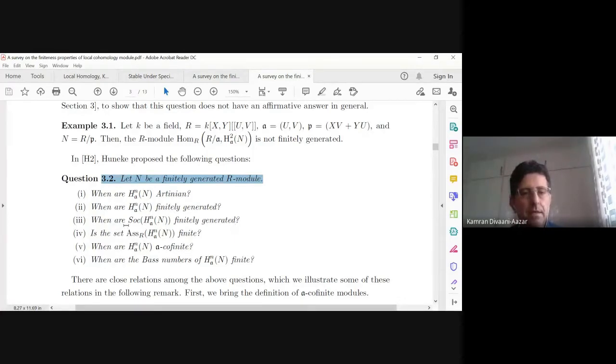And fourth, is the set of associated primes of these local cohomology modules always finite? And the fifth, when are these local cohomology modules cofinite? Cofinite is a notion that I should define. I will do it soon. And the sixth question was, when are the Bass numbers of these local cohomology modules finite?